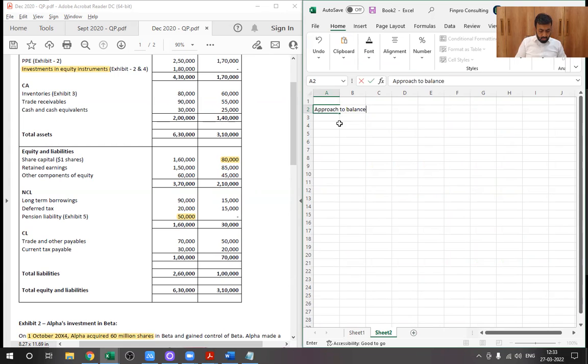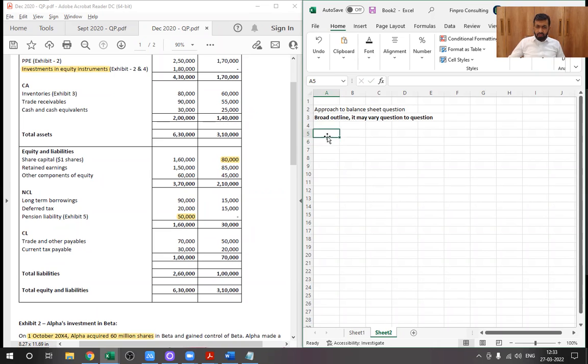Approach to a balance sheet question. Even though this is a broad outline, it may vary from question to question. This is important.